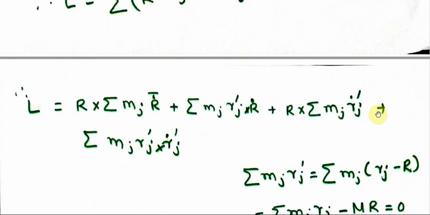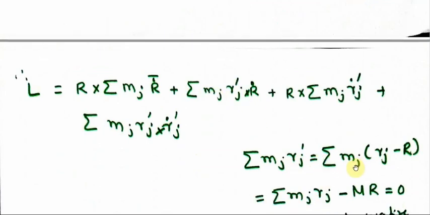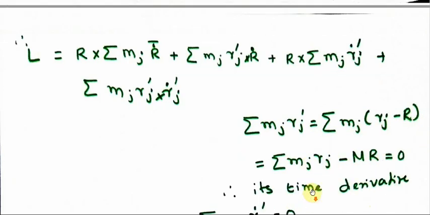Now look at this term, sum over mj rj prime, that is coming here. It is equal to sum over mj times rj minus r. Substituting that and expanding, you get sum over mj rj minus mr. Sum over mj rj is the same as mr, so this becomes equal to 0.